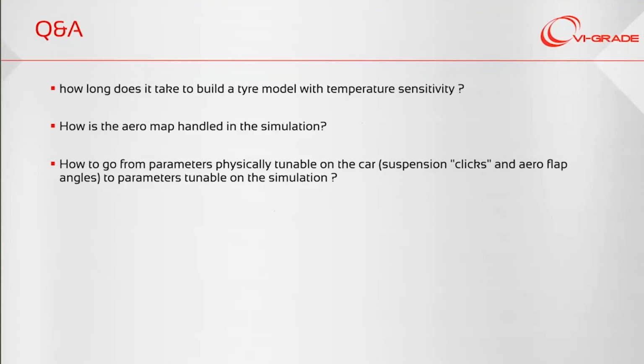Then, how is the aero map handled in the simulation? Aero maps in VI-Real Time basically depend on the ride height sensors that are placed on the front and rear part of the vehicle.